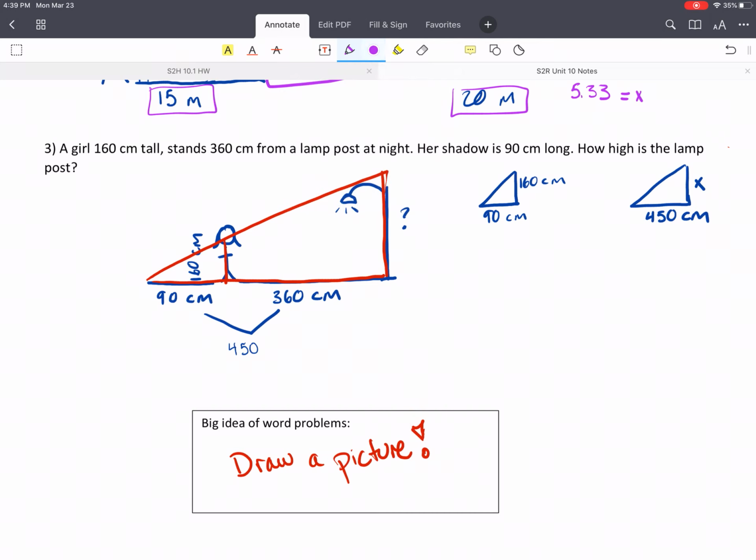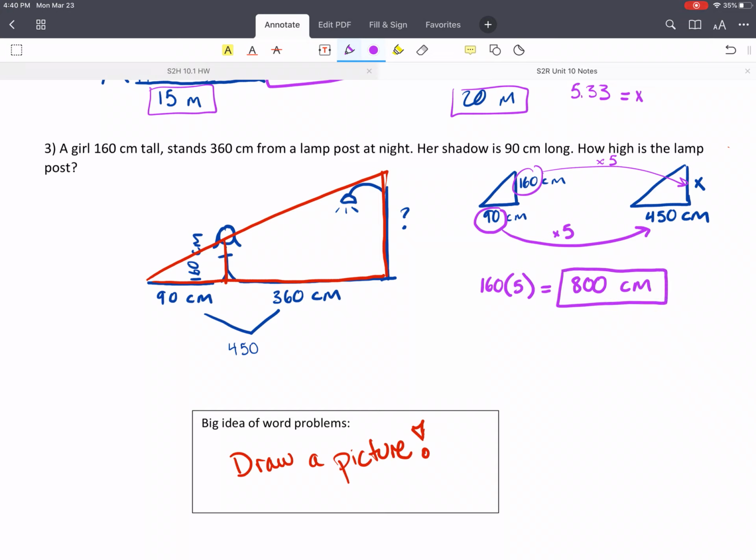I personally see the 90, and I know to get to 450, I got to times it by 5. And so I'm going to take the 160 and times it by 5. And I think that's like 800 maybe? I'm going to type it in my calculator to make sure. 160 times 5. Oh, look, 800 centimeters.